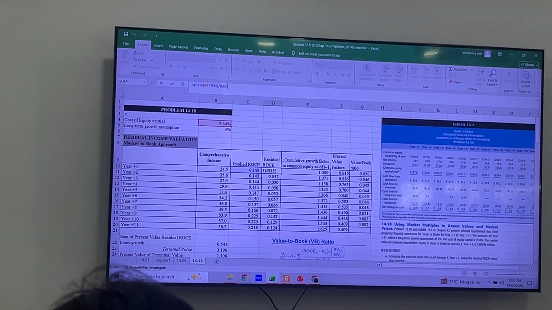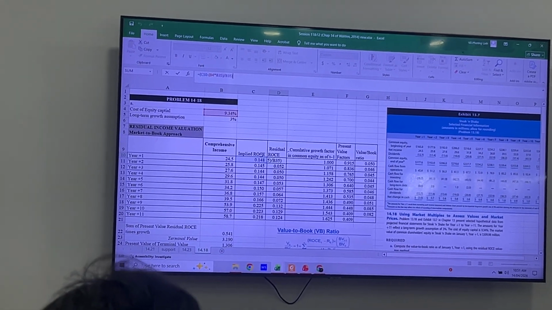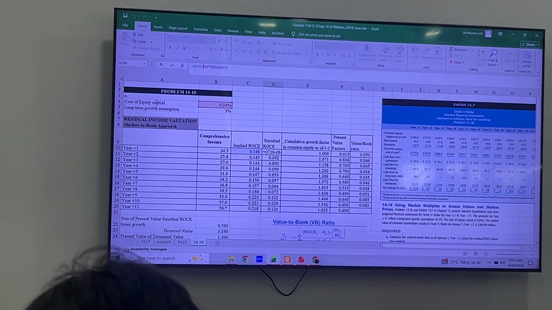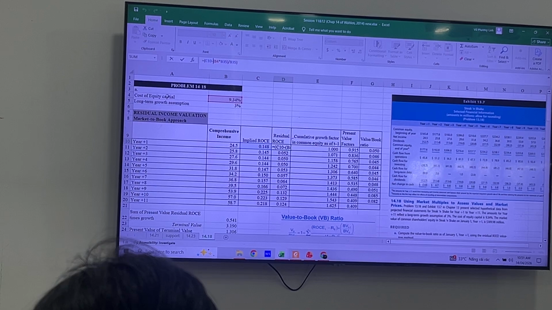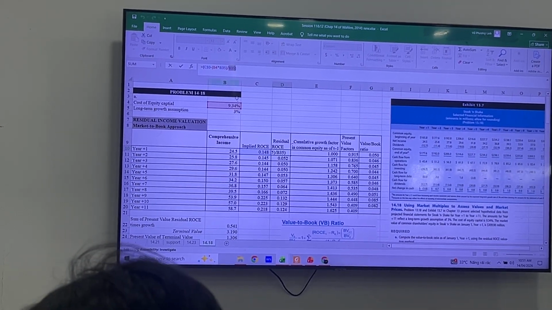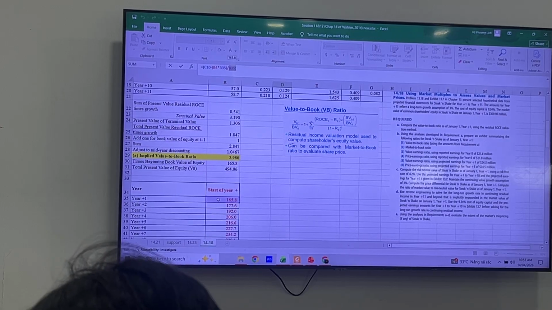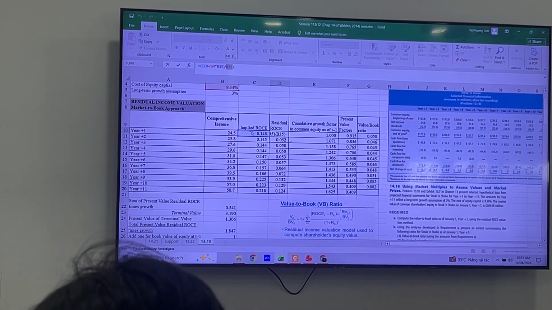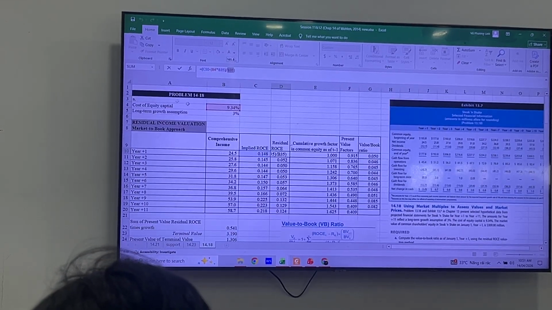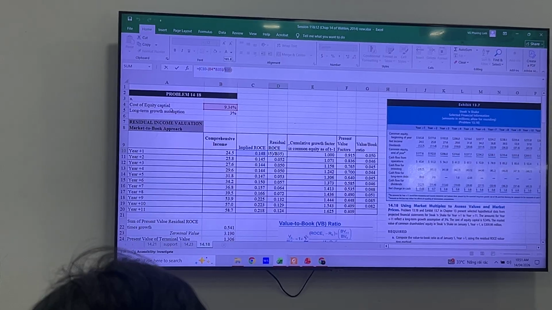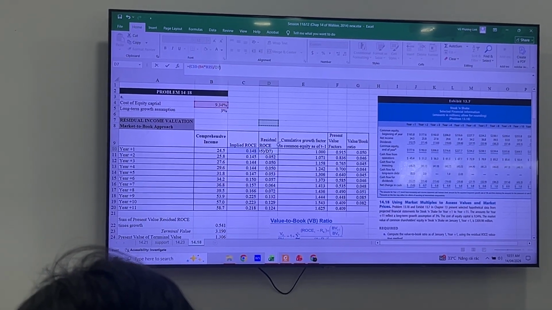Here you have the implied ROCE, which is the comprehensive ROCE. Then you minus the cost of equity. The cost of equity, which is also the required income, over the BB5, which is the beginning book value of equity. That just simply means you take the comprehensive ROCE and then you minus the cost of equity. This is the required ROCE. You understand? Okay, one by one.